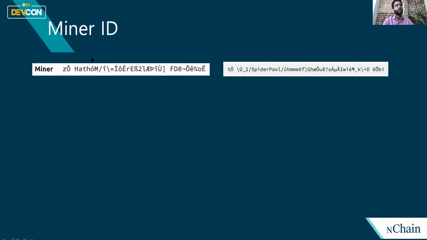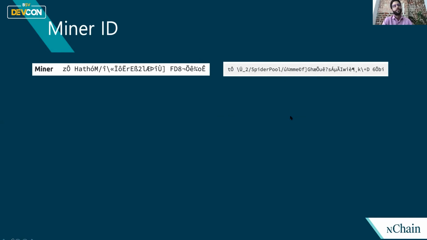Because the input is spending nothing, since they're creating money to send to themselves, they could put anything in there. In the past, that's how miners have identified themselves, but there is no security in it. Anyone could impersonate anyone. You could put anything in there as a miner, as we've seen. This is, for example, Spider Pool.